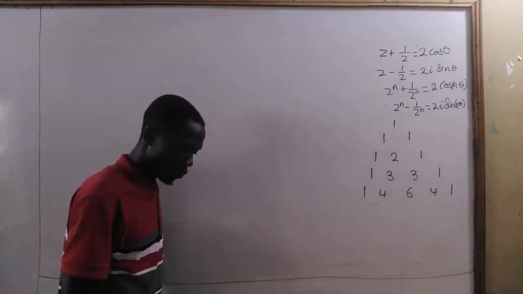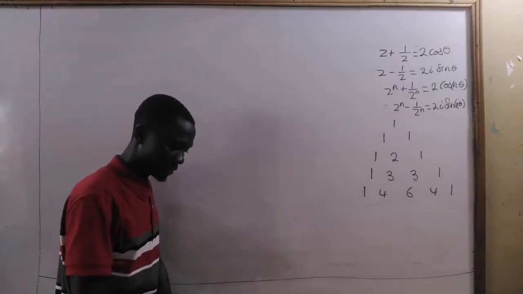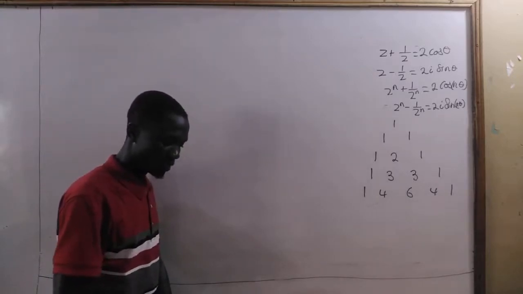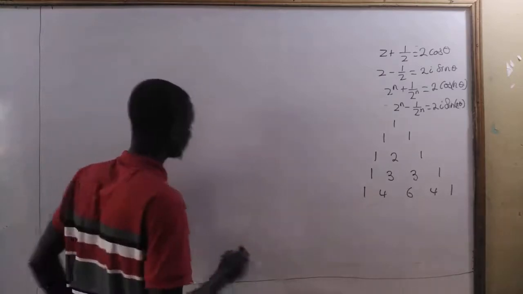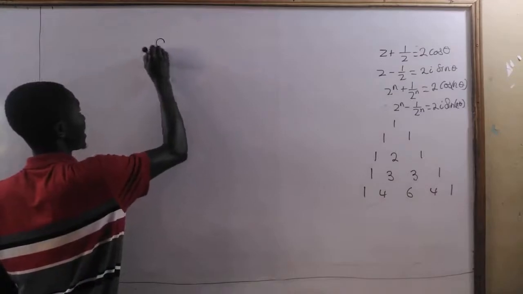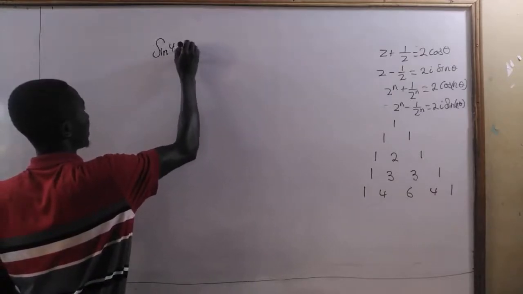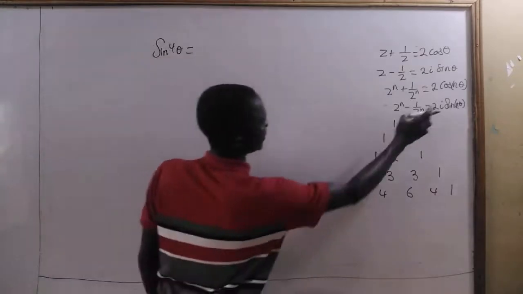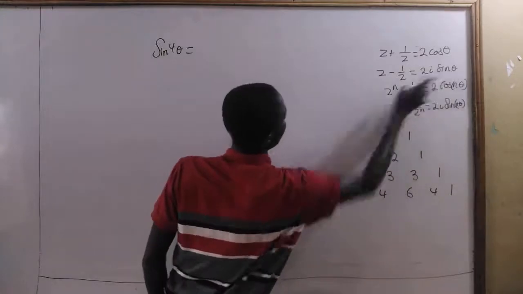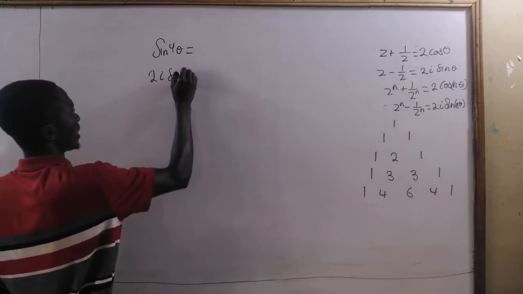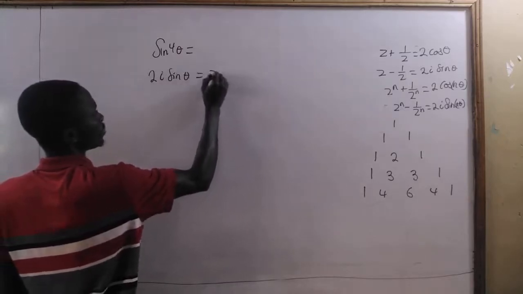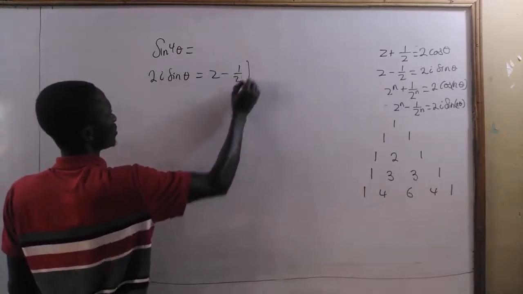Now, what about if we take this one? We are going to look at cosine to the power 4 and sine to the power 4. So if we take sine to the power 4 of theta, you take this one. That is 2i sine theta equal to z minus 1 on z.